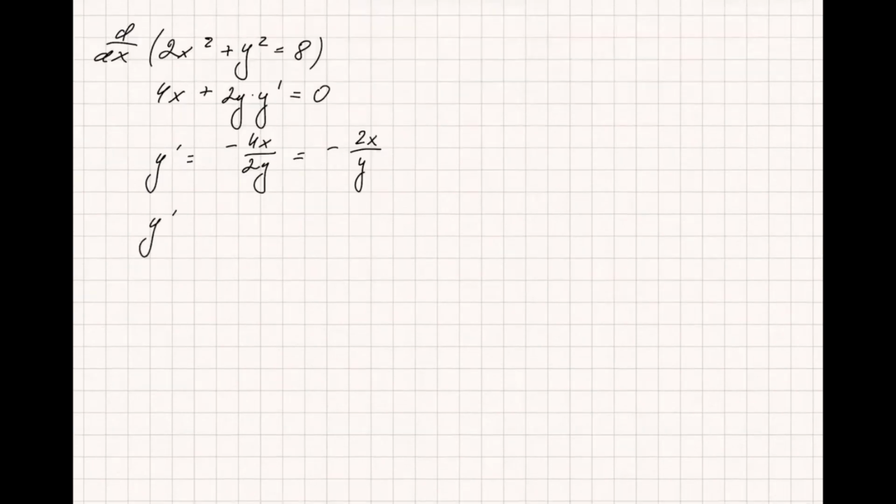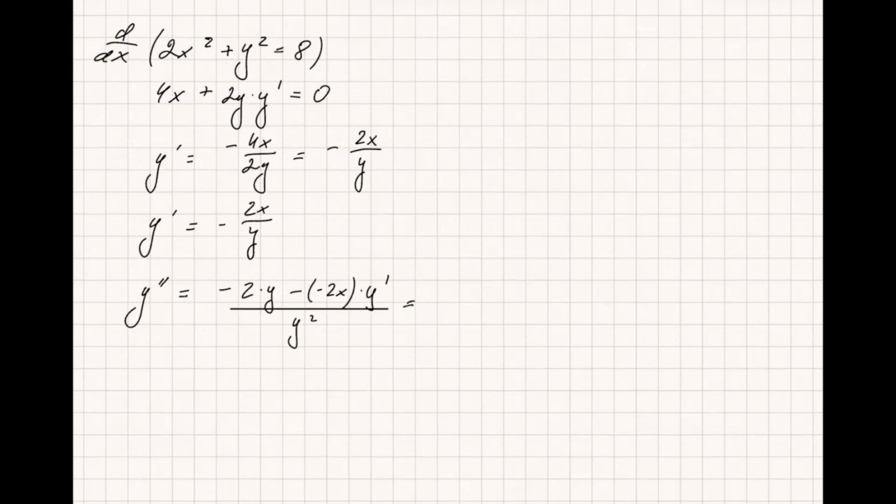So we have y prime equals negative 2x over y. Now we can take the second derivative of this function. On the left side, we have the second derivative. On the right side, we have a quotient rule. So we will have negative 2 times y minus negative 2x times y prime, over y squared.